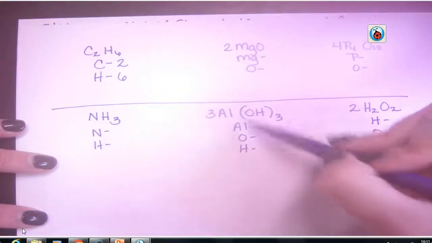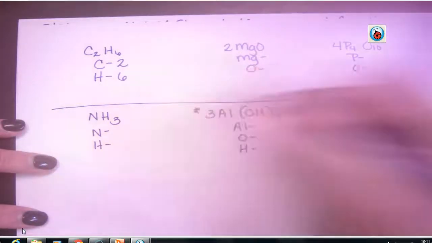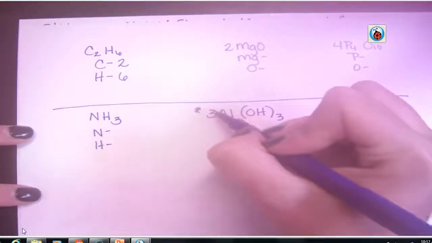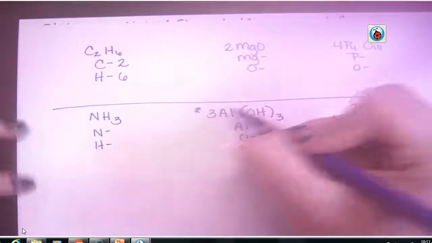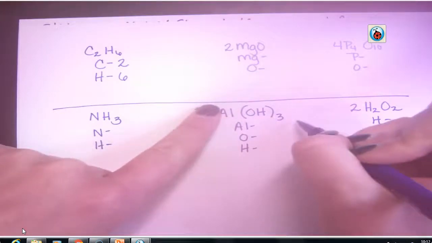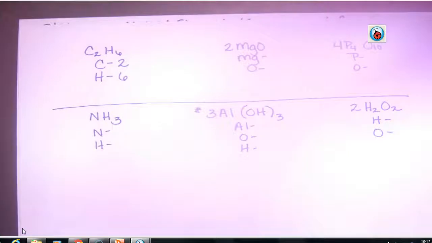Do the best that you can with this one right here. Treat it like you would a math problem where you distribute. This is like having 3 AlOH3s. So AlOH3, AlOH3, AlOH3. If you need to, go ahead and hit pause now.